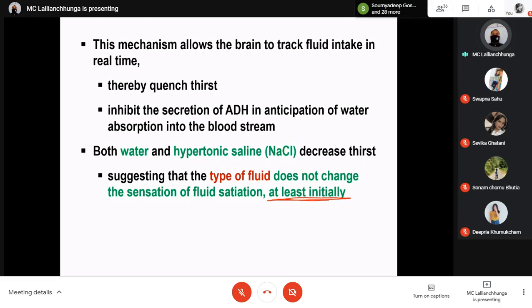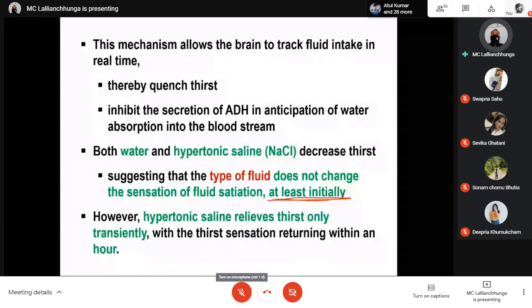Both satiate thirst. They are not detecting the concentration of the fluid or the type of solution, but they are detecting the volume. However, hypertonic saline relief occurs only transiently with the sensation.